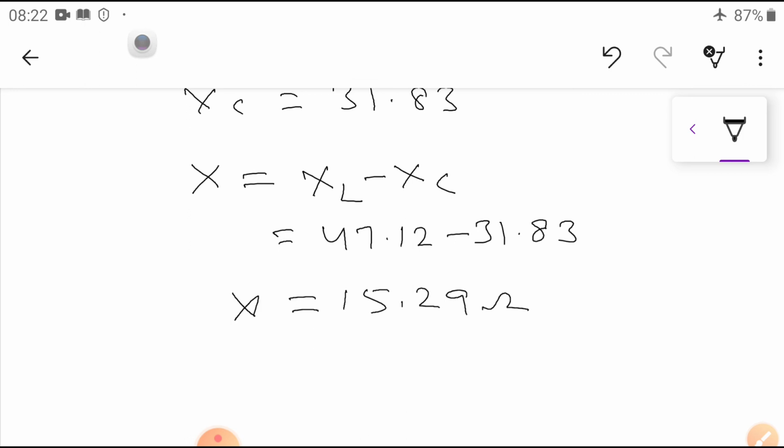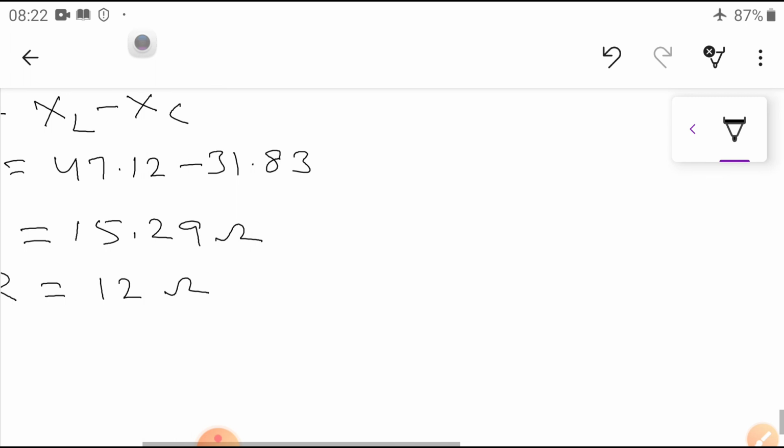So X we know. Okay, R is already given. What is the R value? 12 ohms is given. So from this one, better to draw the vector diagram. So this is the R, 12, and this is the inductive X, equal to 15.29. This is the X and this is the Z.